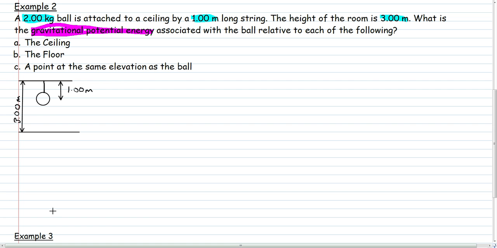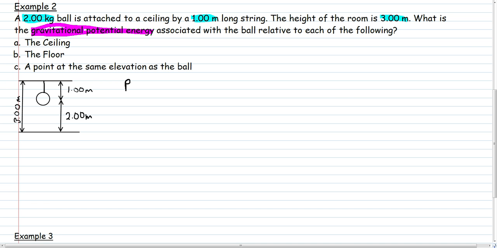And so that means that the distance from the floor to the ball is going to be 2.00 meters, because 2 and 1 make 3. So once I have all my parts labeled, I can now start calculating my gravitational potential energy.